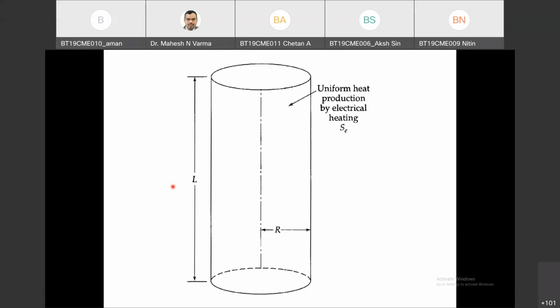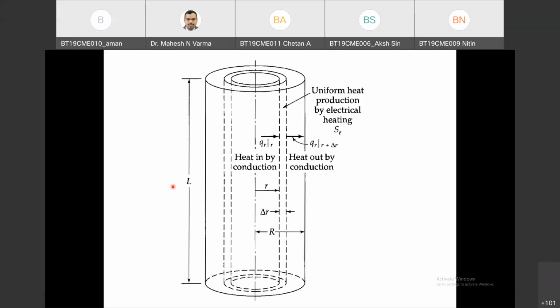As convection is not there, work done because of molecular force is zero, and no heating is done by external forces. There is heat generated. Now there will be only energy flux in the r direction.